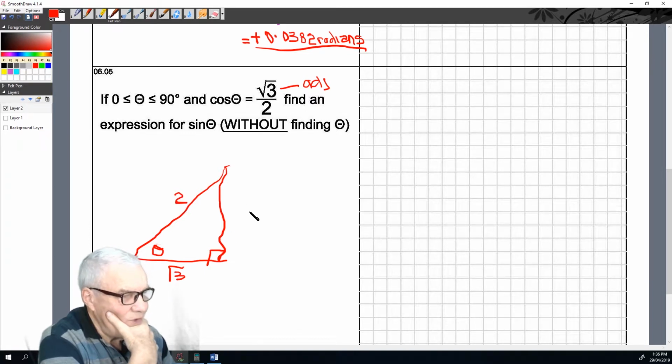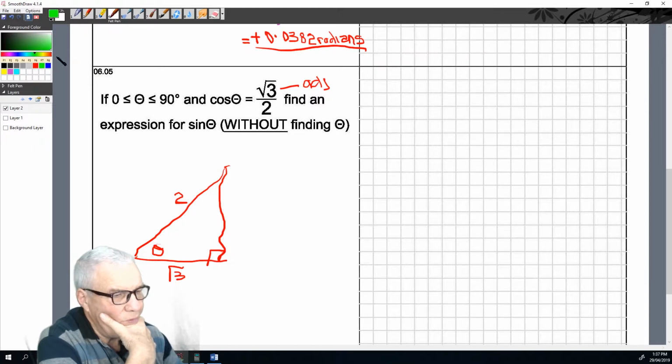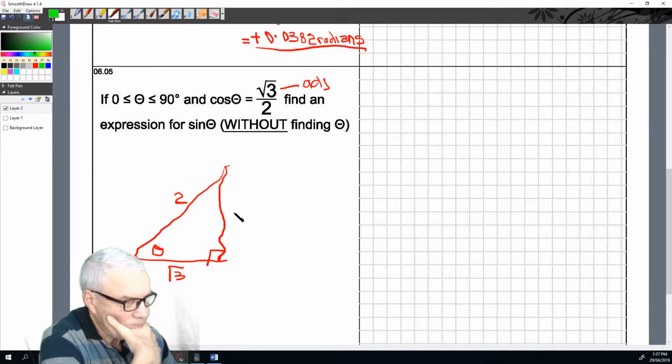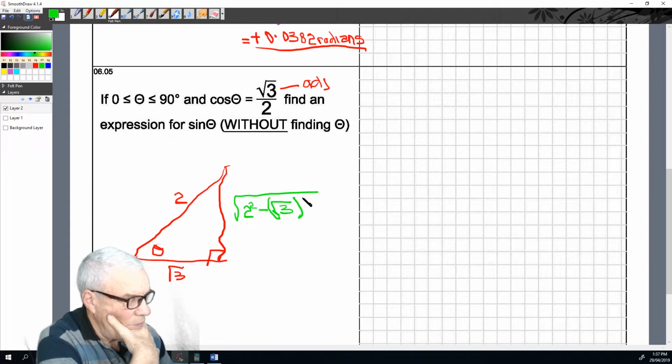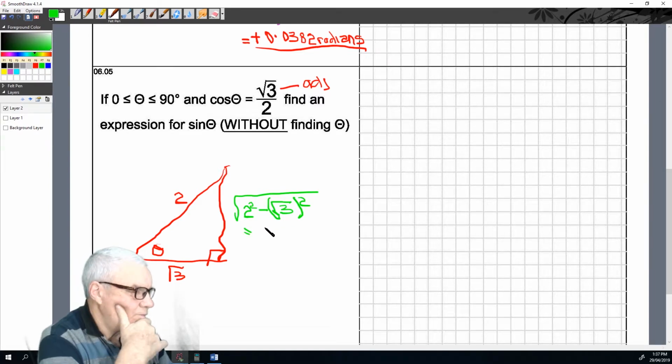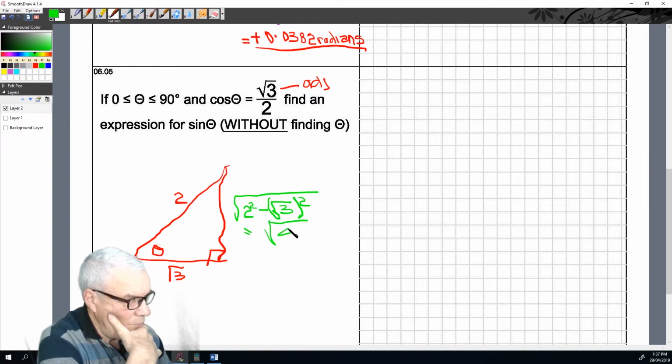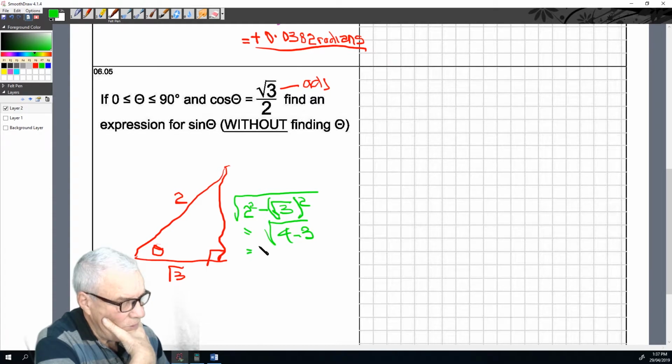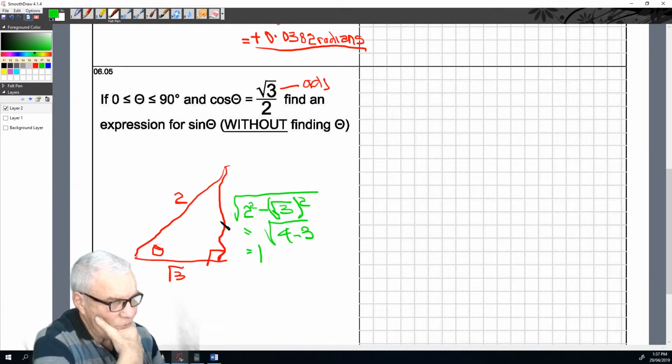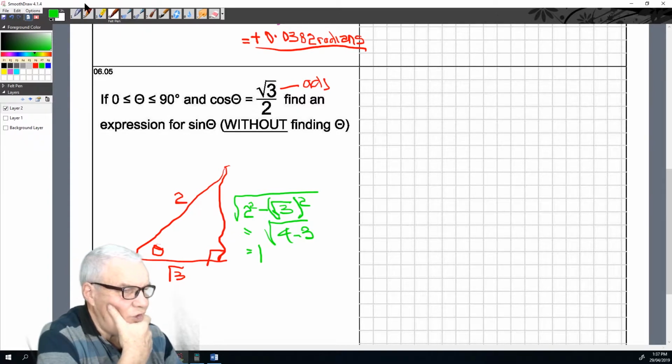Therefore this here must be the square root of 2 squared minus the square root of 3 all squared, which equals the square root of 4 minus 3, which equals 1. So that's 1.